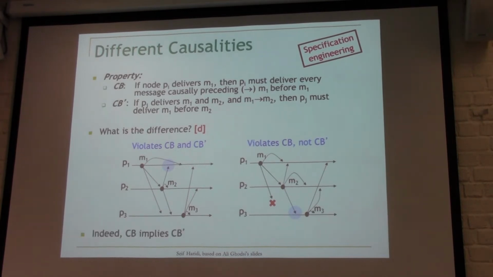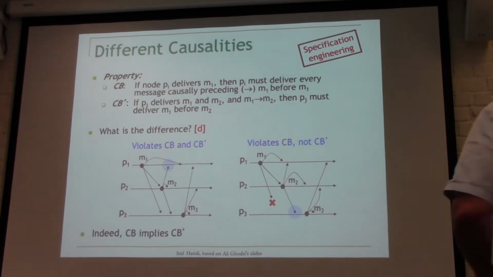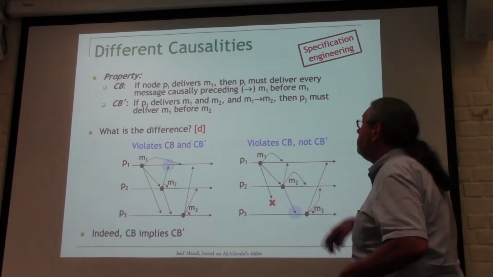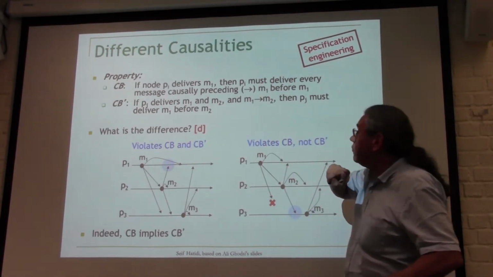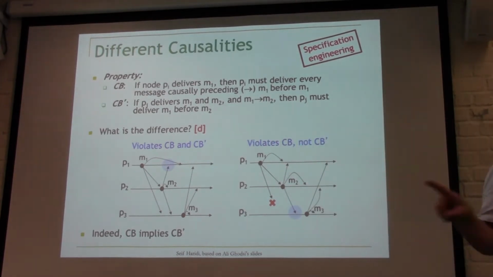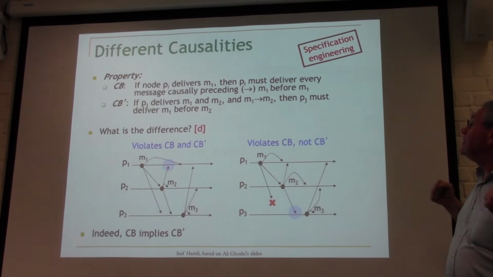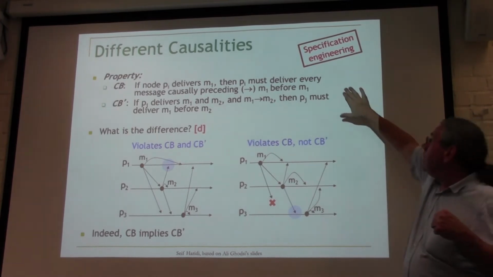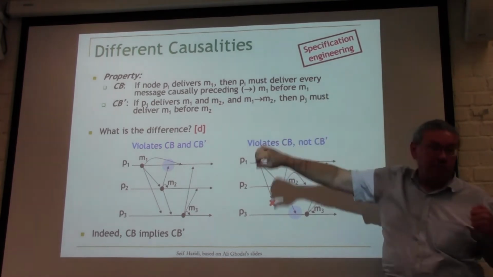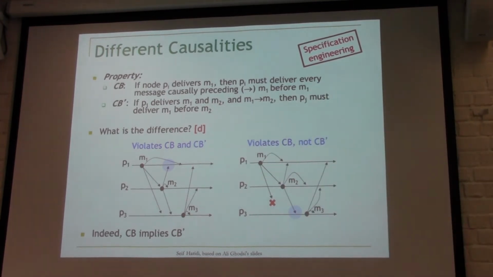So you can actually say that CB implies CB prime. If CB is true, then CB prime is true, but not inversely, yeah? CB is actually more demanding, in a sense, than CB prime, huh? Okay? So little differences in specification are important.